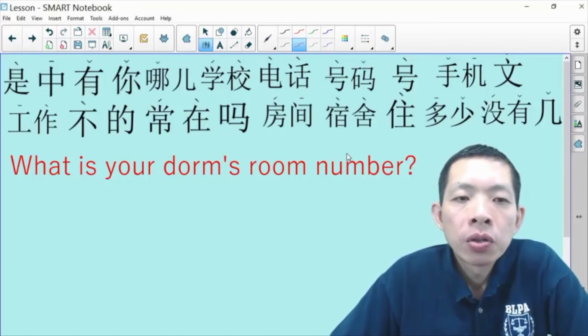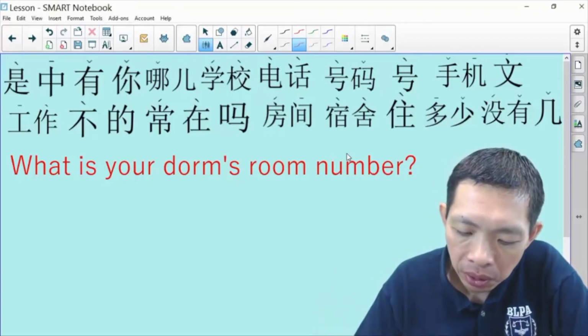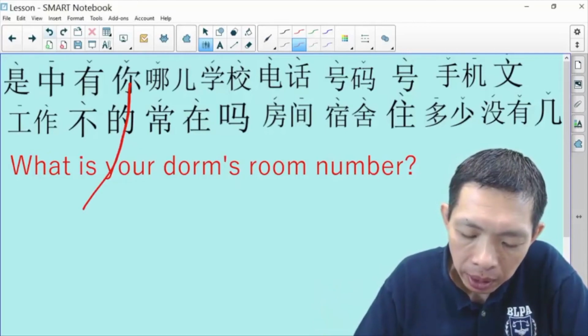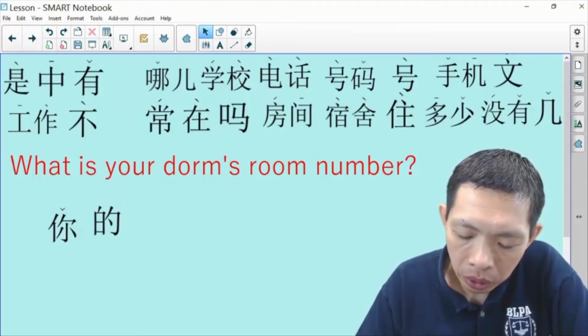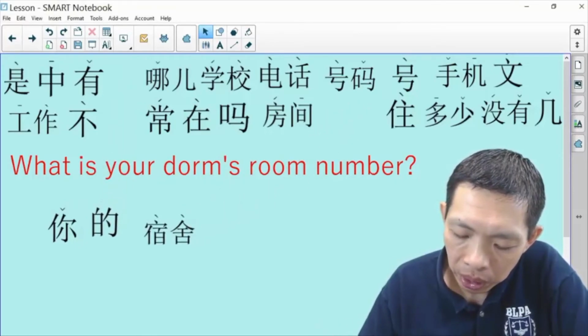Okay, so how do you say your dorms? So you say 你的 dorm 宿舍.